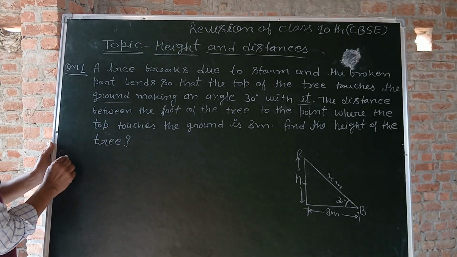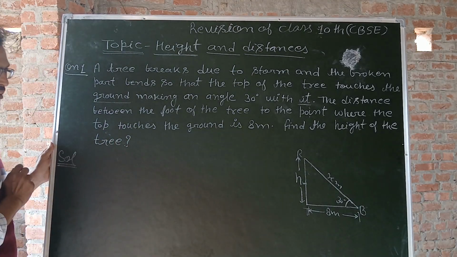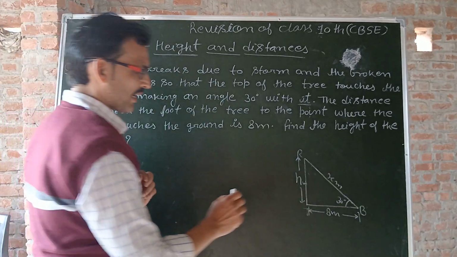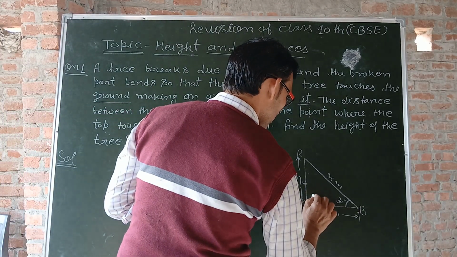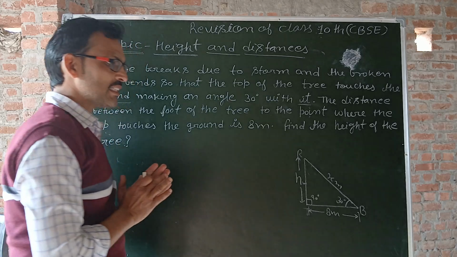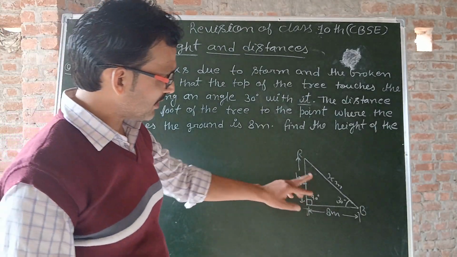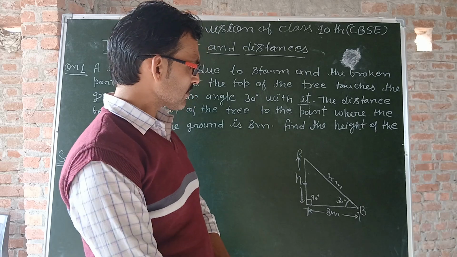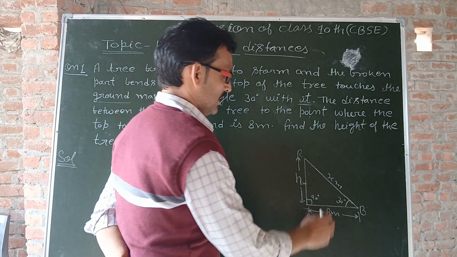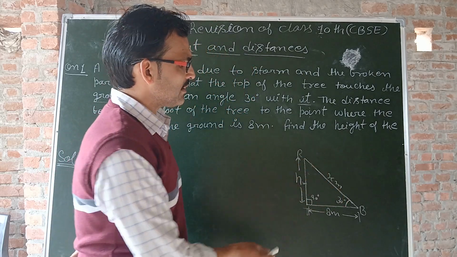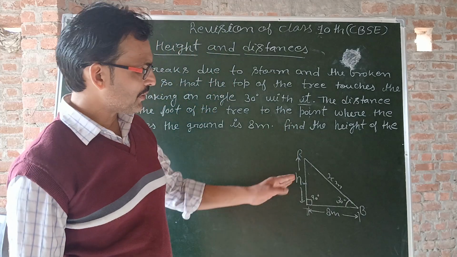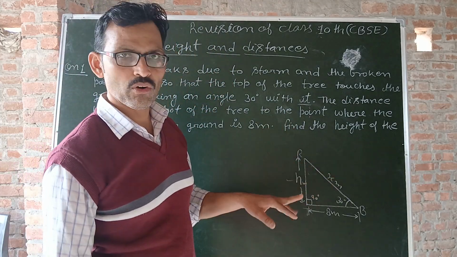Now solution for this question. So this is the 90 degree, because the tree is standing on the ground perpendicular. Now we have to find the value of h first of all, and by using it we can find this value also.